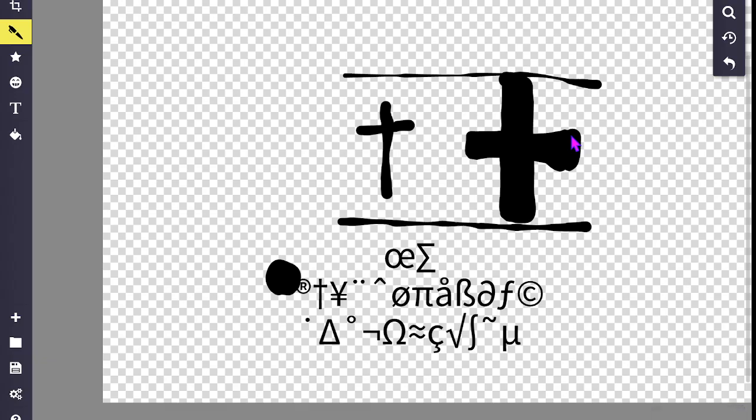It's just a big black cross. Ah! My leg! My leg!